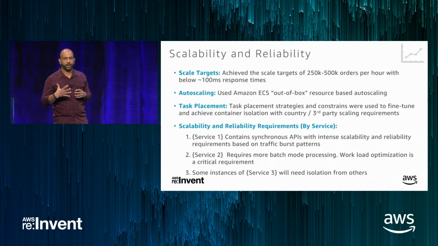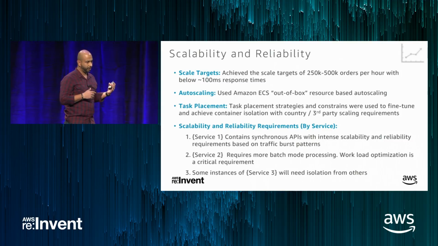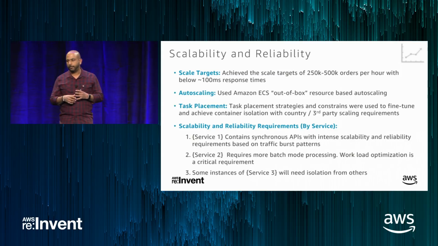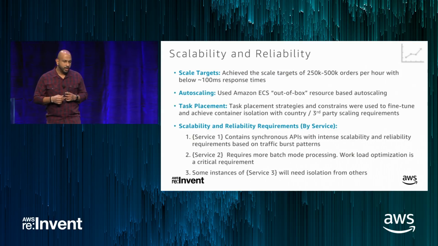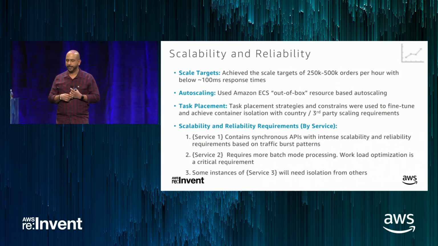For instance, for a certain country, we needed to run those containers in isolation from the others. The second requirement was cost sensitivity, meaning that you need to optimize your cost. Those 2 requirements we were able to achieve by using task placement strategies and constraints.